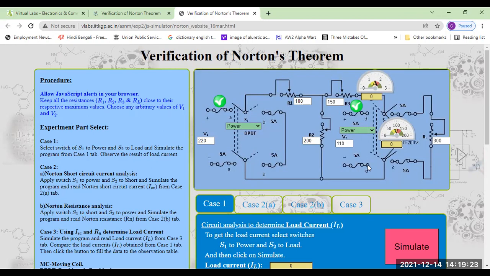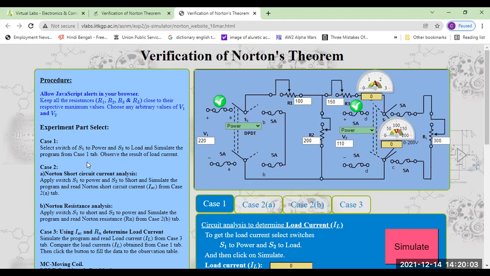This is V1 and this is V2, and you can see it in the voltmeter also. So two voltage sources are there.